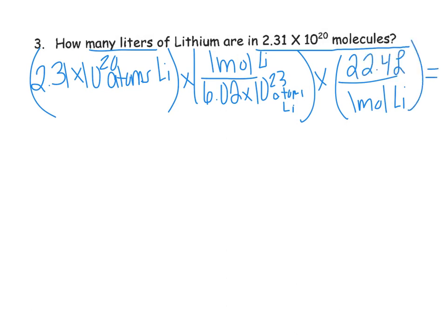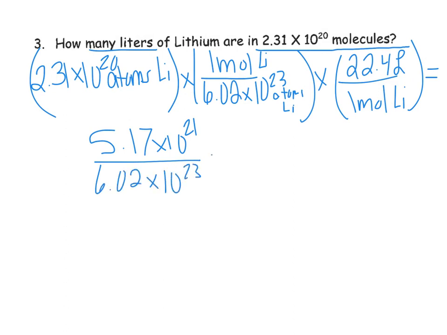You multiply all the way across the top, that gives me 5.17 times 10 to the 21st, and then all the way across the bottom, 6.02 times 10 to the 23rd, Avogadro's number, and then you divide the two, and I get 0.0008595. There's a lot.